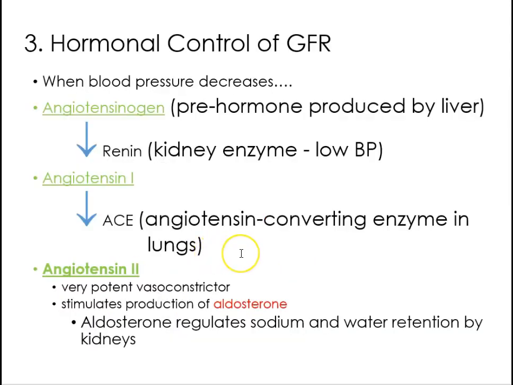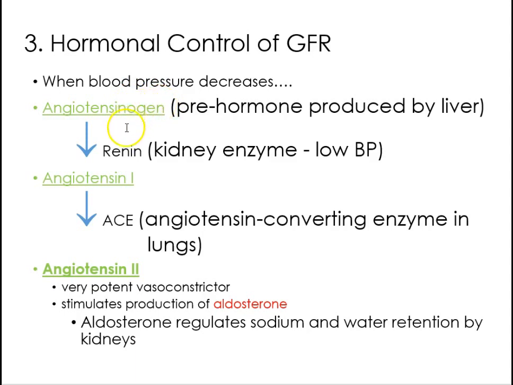And then finally, we can have hormonal control. Of course, you're going to have to know this one for the exam. GFR is going to control a cascade of hormones that change a little bit, eventually to become the active hormone. So we have angiotensinogen, which is hard to say. Remember, it's got the word gen in it, so it's the pre-hormone produced by the liver.